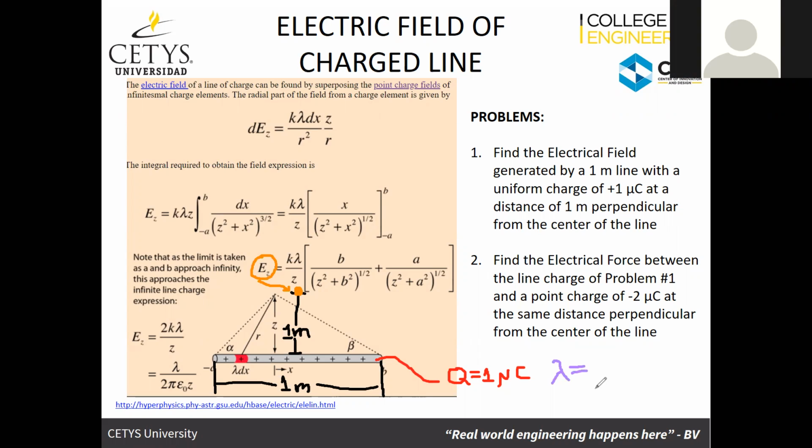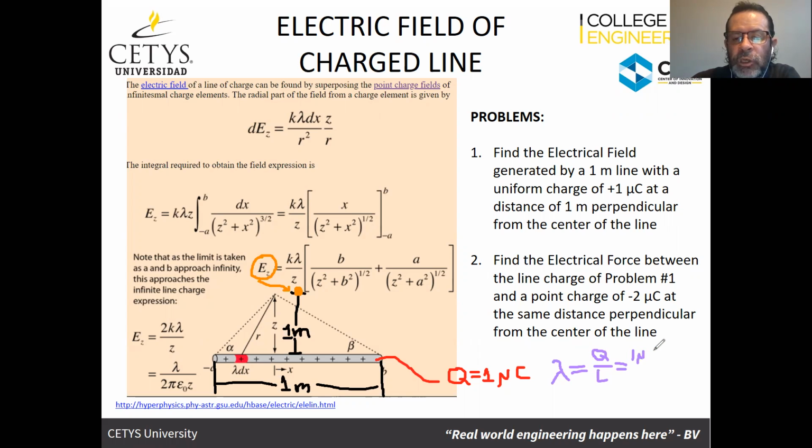Charge divided by length. Correct, JC. So basically, lambda is charge divided by length. We know that the total charge is 1 microcoulomb, and the total length is 1 meter. And so lambda is 1 times 10 to the minus 6 coulombs divided by meter.